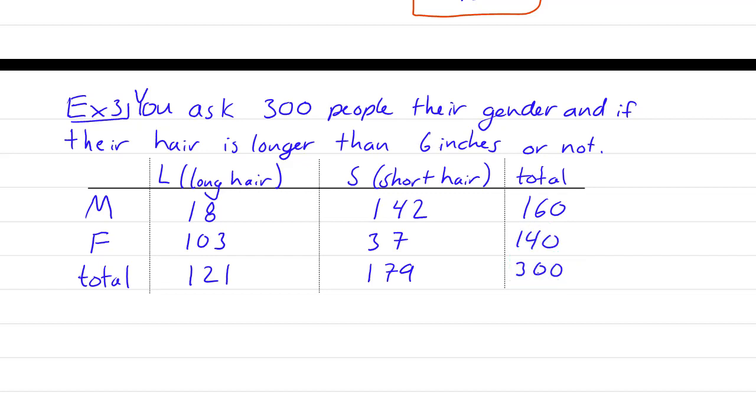And as is likely to happen, you're going to get more short-haired men and more long-haired women. So this is an example of where things are not independent.